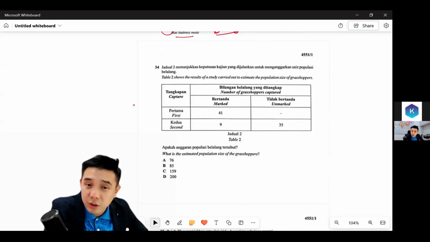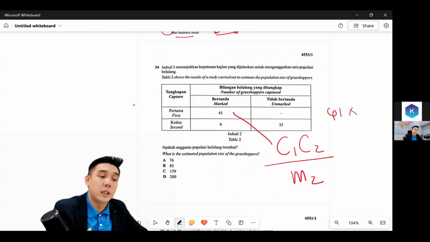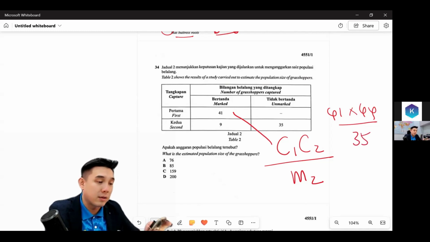34, my favorite question, super easy. C1 times C2 over M2. First capture is 41. Second capture is 35 plus 9, and the second time captured marked is 35. Guys, let's calculate this and see. 41 multiplied by 44 divided by 35.